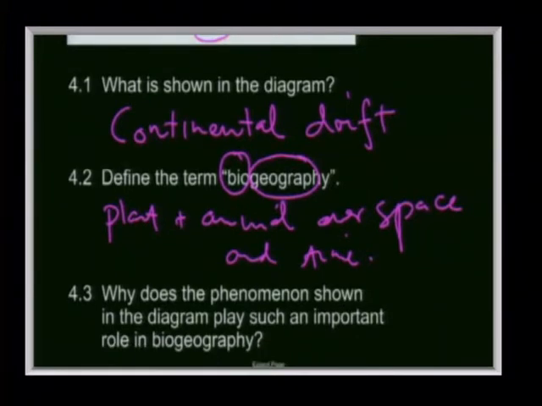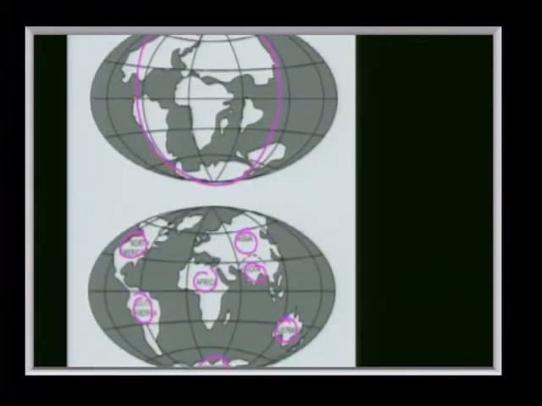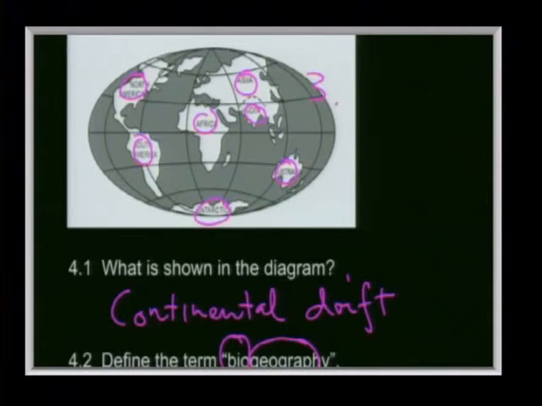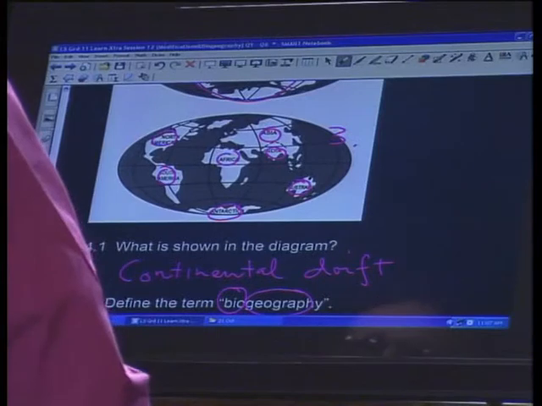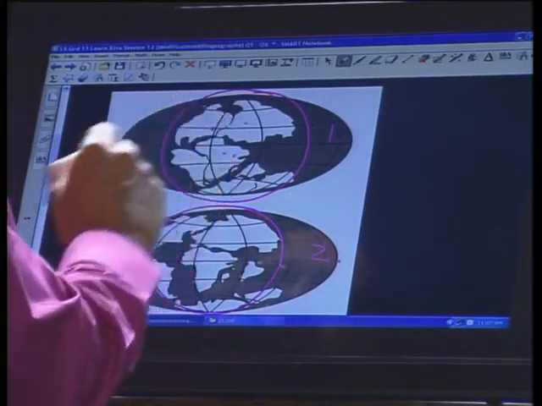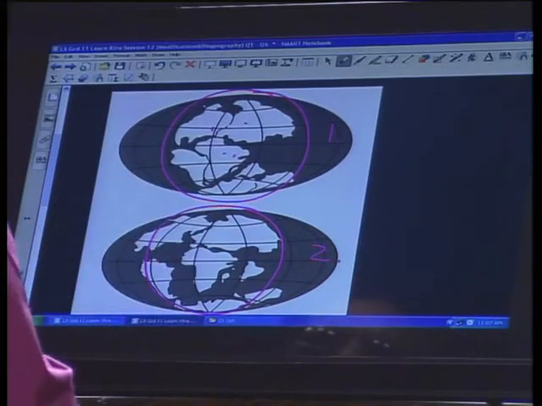4.3. Why does this phenomenon shown, in other words the continental drift in the diagram, play such an important role in biogeography? So if you look at where we started, in other words starting here, let's say that's point 1, 2, going down to 3, what has basically happened is that the organisms that were present in the supercontinent here, what happened is they were now separated from each other.